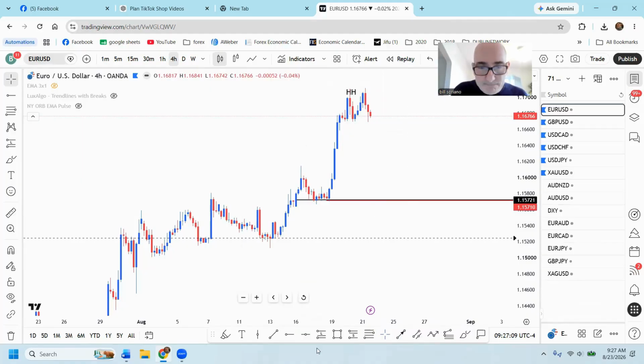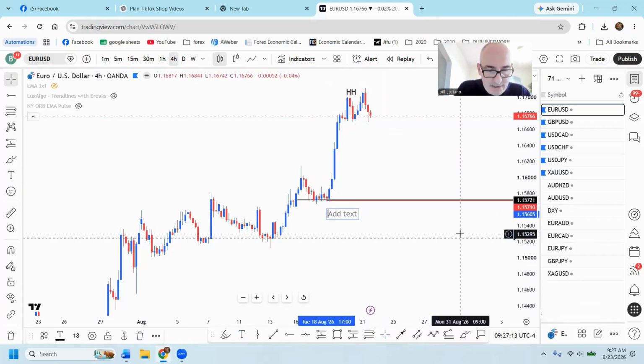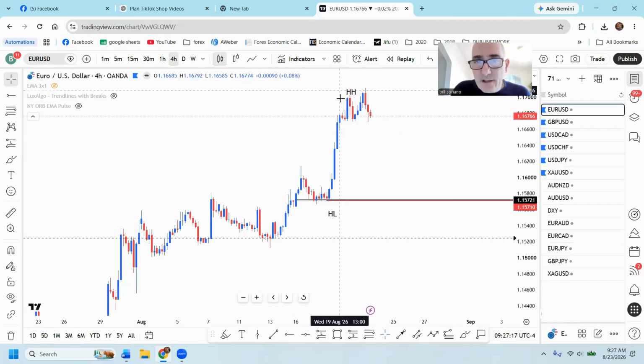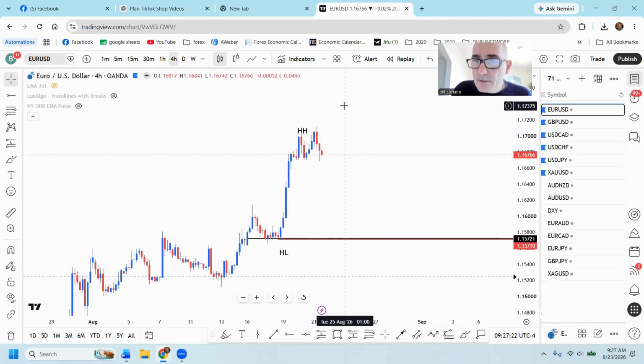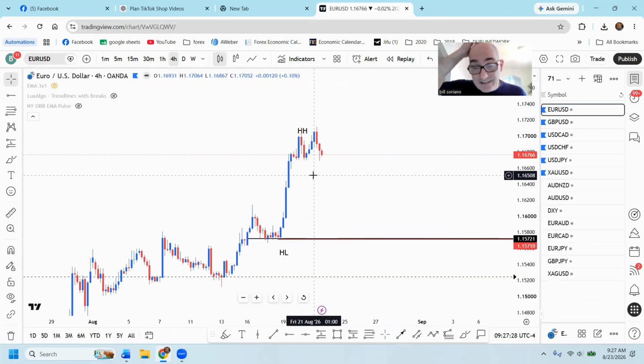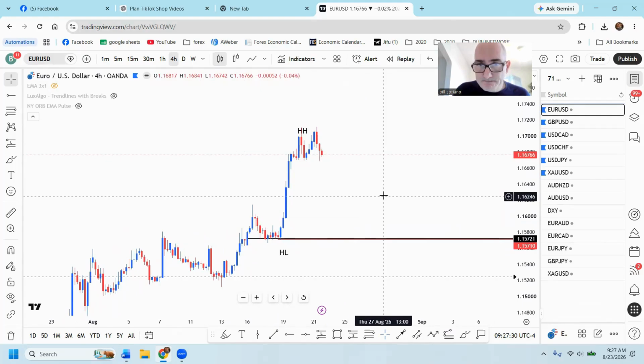So we know that EURUSD is bullish right now, and we've identified the higher high as well as the lower low. Now, if this higher high gets broken during a trading day, then that's going to change where our higher low is. If it doesn't, then this will stay like this.